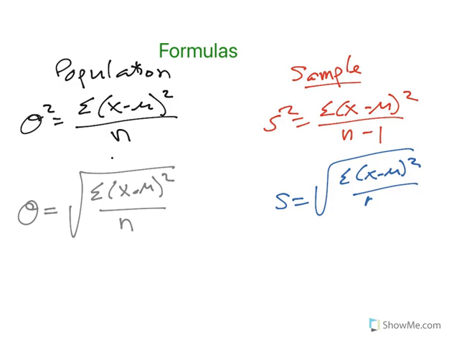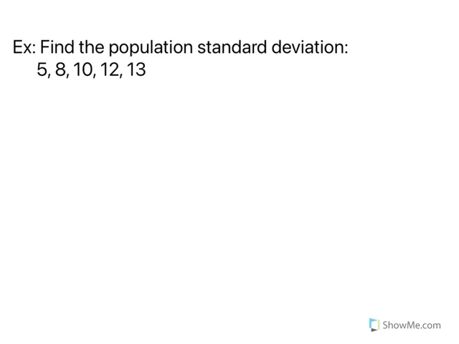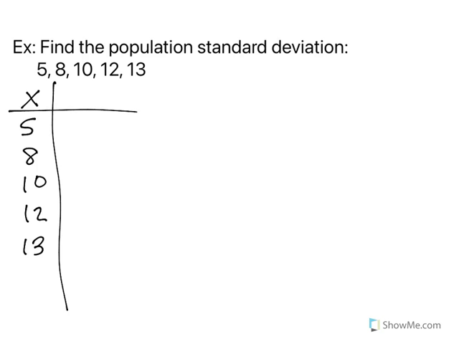So let's go ahead and work through some examples. Find the population standard deviation of 5, 8, 10, 12, and 13. I like to create a table because it keeps things organized. My data values, or x, are 5, 8, 10, 12, and 13.